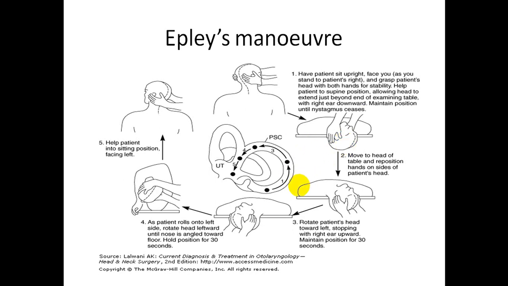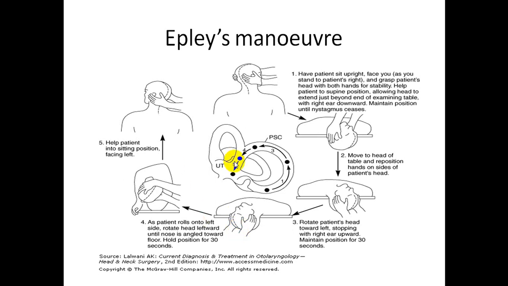Then, this is step 2. Step 3, we rotate the head 90 degrees towards the opposite side, towards the left side. And we ask the patient to hold the position for 30 seconds or until vertigo disappears.